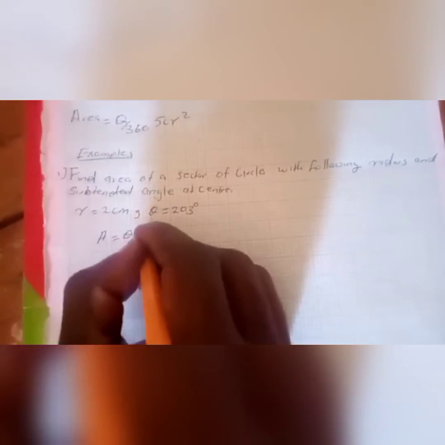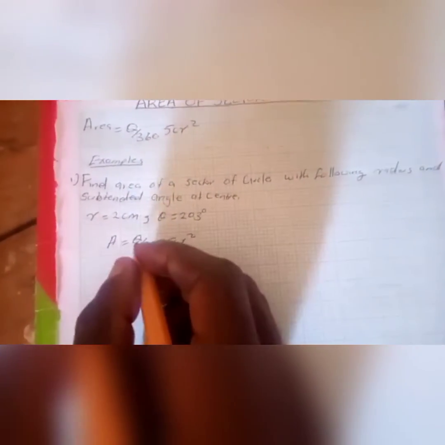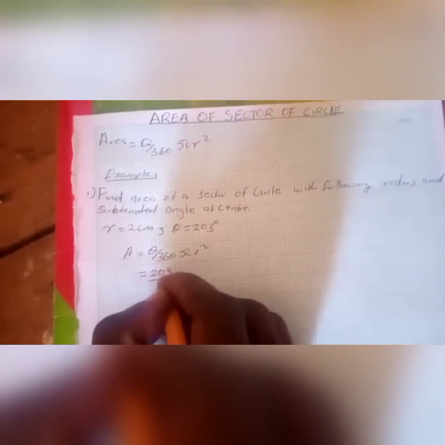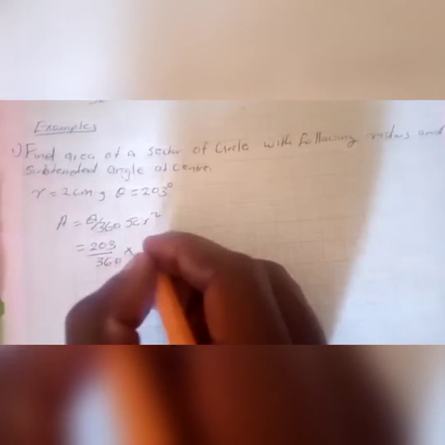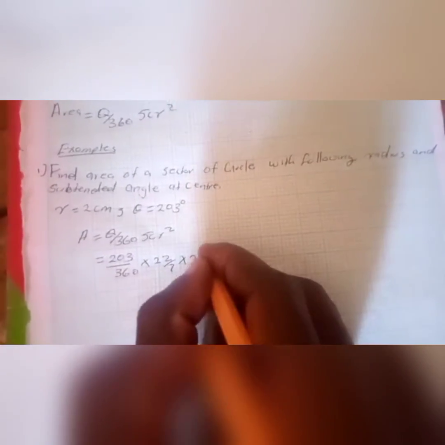So to find the area, as per the formula, it is theta over 360 times pi r squared. So we go by theta, which is 203 degrees over 360 times pi. We are given to use 22 over 7 times radius, which is 2, that will be 2 squared.